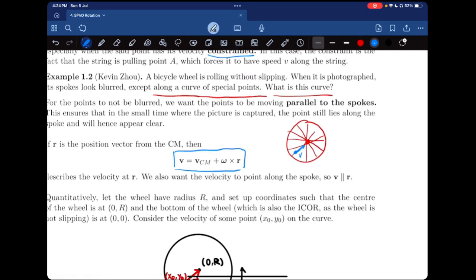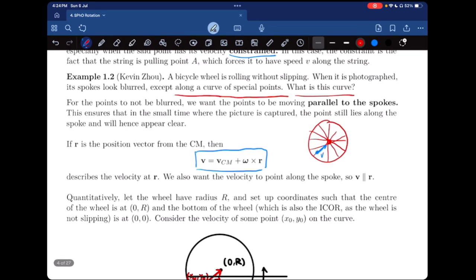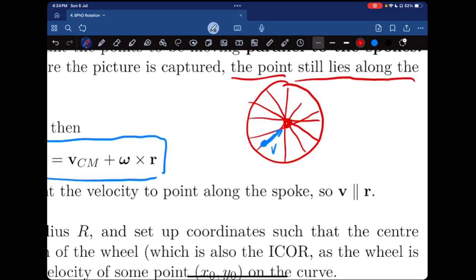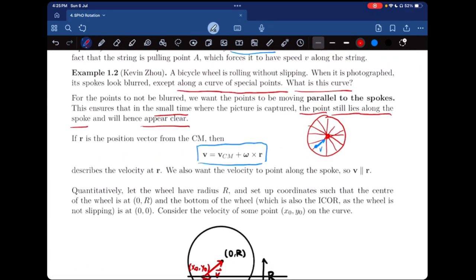Now the reason for this is because your camera takes a small time to capture the picture. It's a very short time. But you want to ensure that in this small time, when the picture is captured, this point still lies along the spoke. And if it does, it will still appear to be clear. And that's the rationale why you want to consider the points that have the velocity vector that's parallel to the spoke.